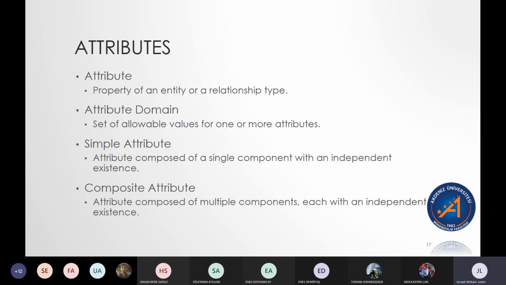So for example, if we're analyzing a system and we realize that we need to keep track of people, all right? So students, teachers, staff members, customers, users, whatever, right? Well, if we say, okay, well, a part of that customer is their name, okay? Part of their customer is their phone number.